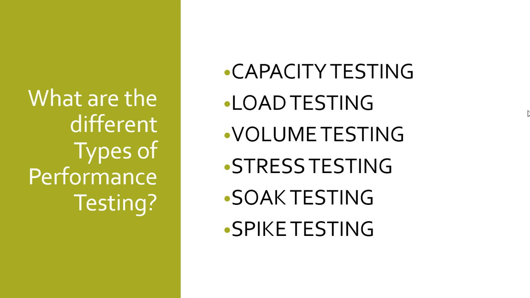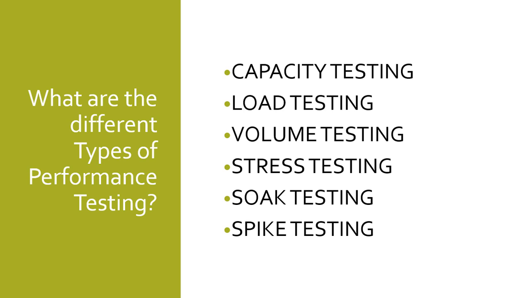For example, there is a lightning deal on Amazon. You want to purchase it, but you're not the only one. There are millions of other people also trying to purchase that particular item. In that case, there is a spike in user load, an immediate sudden increase. That is called spike testing. We need to test these things before we go live.